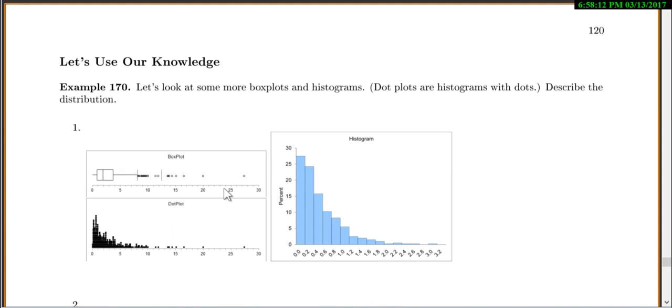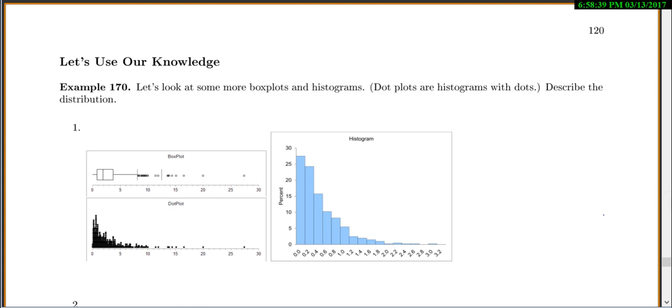So now we're just going to kind of review a little bit. Okay, we're going to look back at some box plots and histograms. And on this first page, we're going to describe the distribution based on shape. Is it symmetric? How many modes does it have? And also talk about maybe outliers. So when we look at number 1, look at the box plot first. Do you notice how they have a dashed line, some dots, another dashed line, and some more dots?